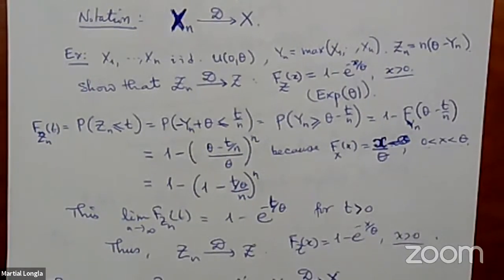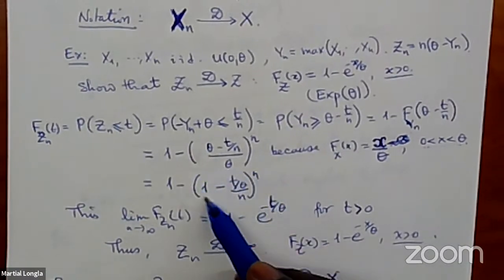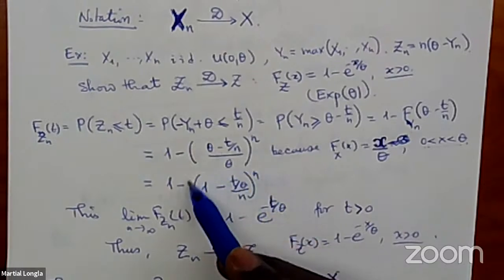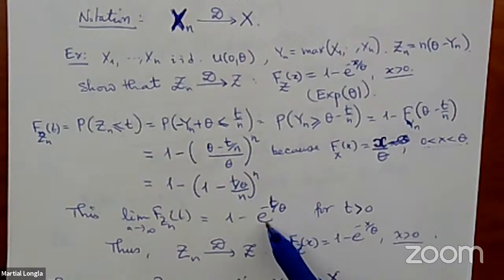So if you remember your calculus, maybe calc 2 or calc 3, when you're doing sequences and series, it is shown in that course that this limit, for any T and theta, is e to negative T over theta.